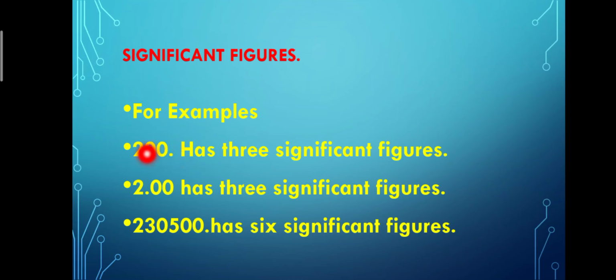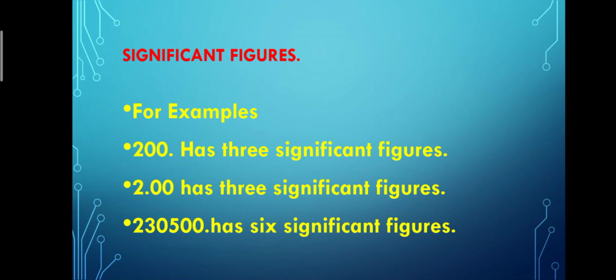So, these trailing zeros are significant. 2.00 has 3 significant figures because trailing zeros to the right of the decimal are significant.